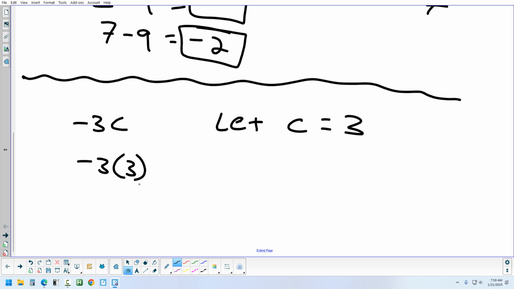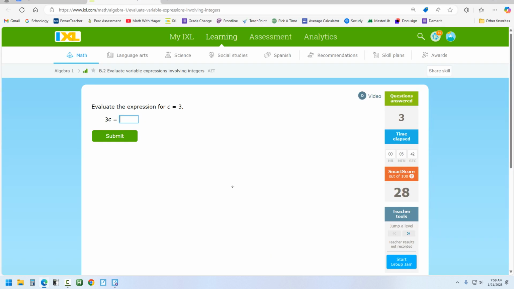That way it looks like multiplication. And when we do a negative times a positive, what's a negative times a positive going to give me? What kind of number? Yep, it's going to give me a negative. And -3 times 3 will give me -9. Okay, so let's type that in and see what happens.